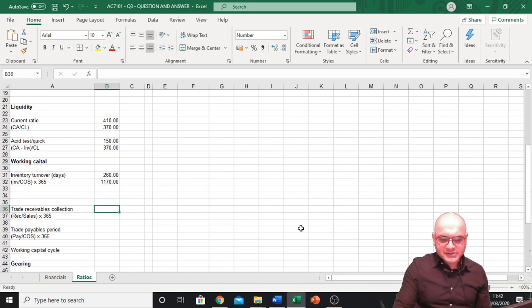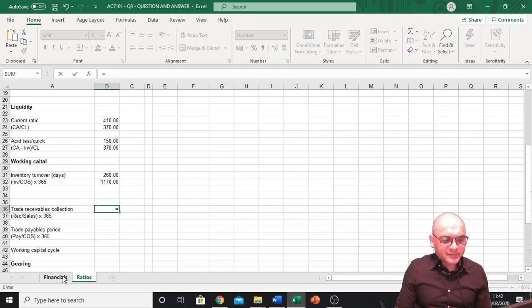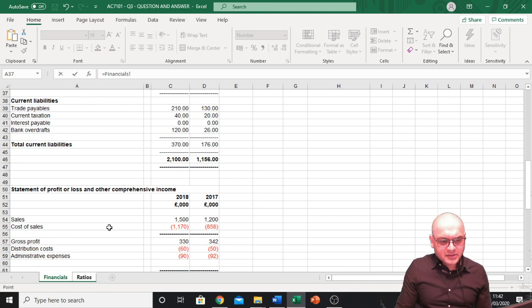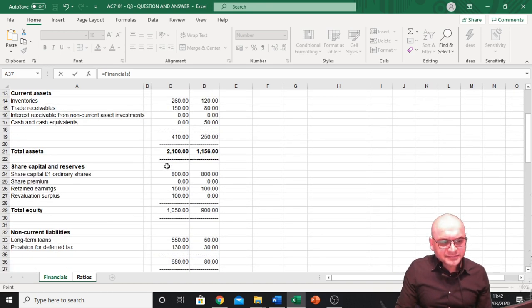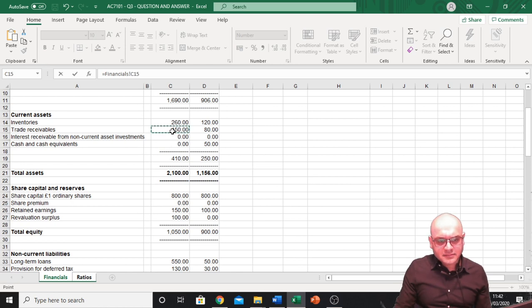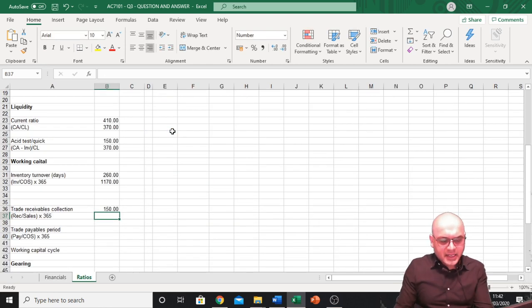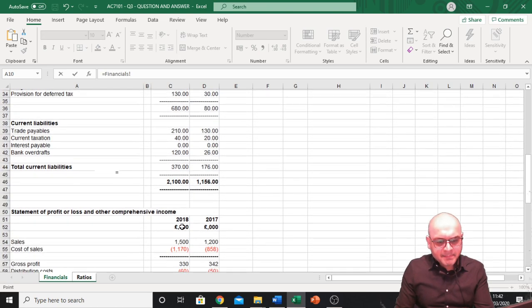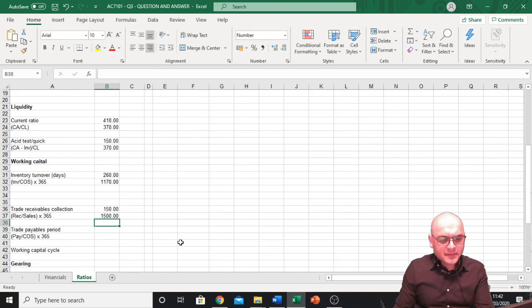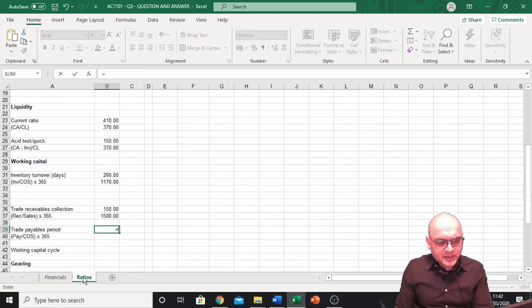Trade receivables, which is receivables. Yep. And current assets. And that's divided by sales. Okay. And then trade payables divided by cost of sales.